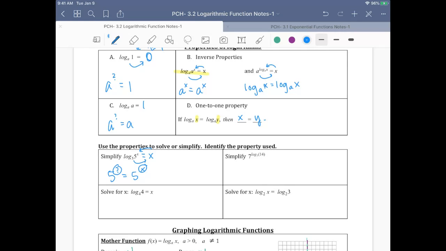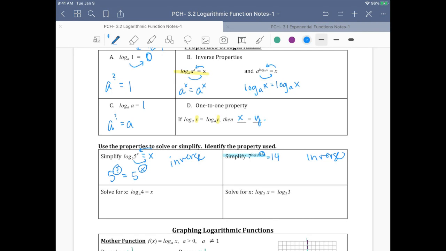Okay. So again, the second one is using our inverse property. This is also our inverse property. So we can see that if you have a base to the log of the same base, then this is just going to equal the input of the log, so 14.